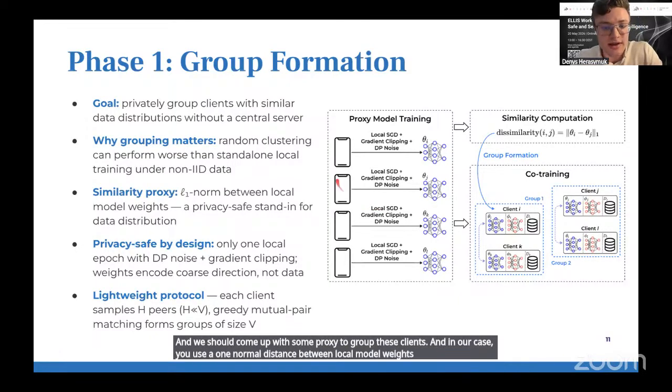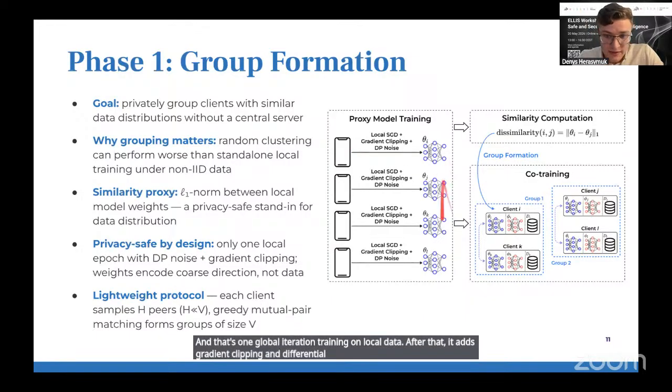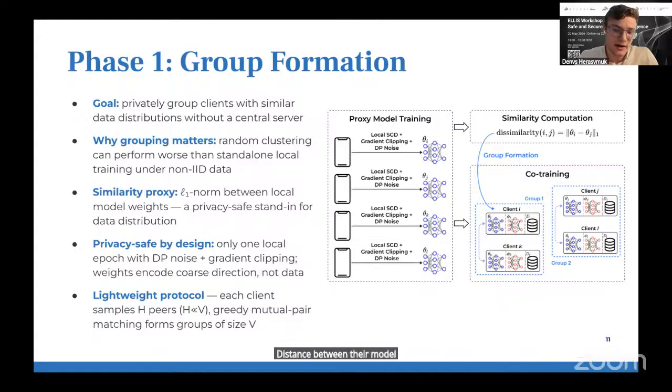How does it work? Basically, before grouping, each client uses the same model architecture and does one global iteration of training on local data. After that, it applies gradient clipping and differential privacy noise, and we get these models with differential privacy noise. After that, we measure the L1 norm distance between their model weights and construct the defined number of groups.